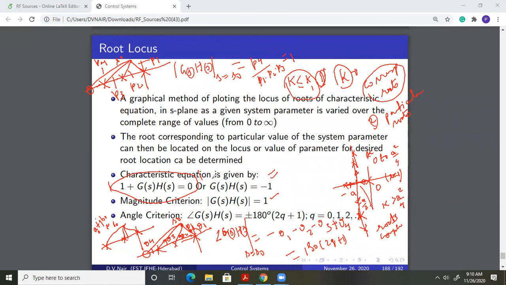And these points which satisfy this condition are nothing but the roots of the characteristic equation. So we use these two criteria to determine the existence of a point on the root locus or not.